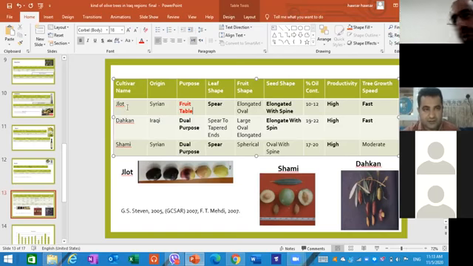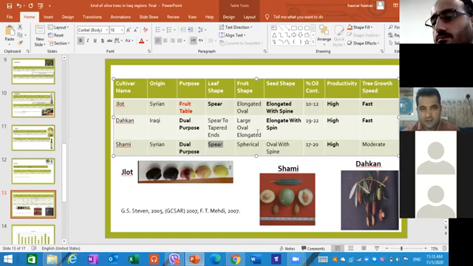About Jalut, we used it for the fruit table, and the leaf shape is sepia, like Shami. Also Shami we used for eating and oil production.